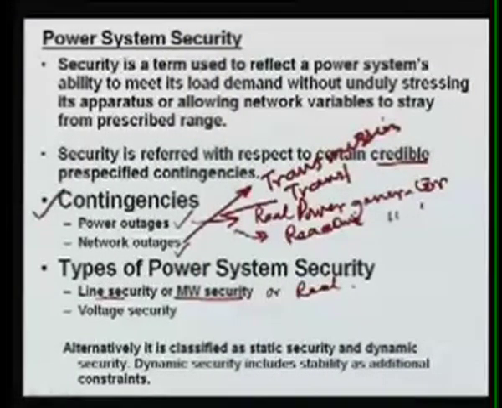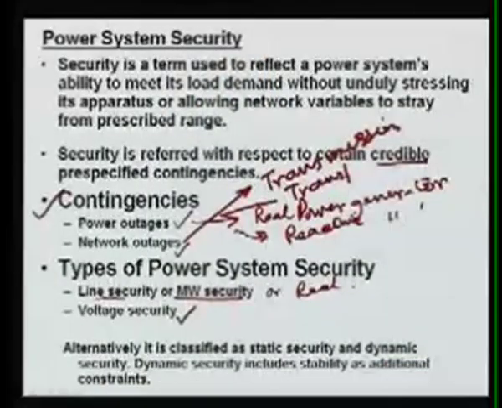If there is some violation in the loading of the transformer or the transmission lines, then it is related to line security. So it is megawatt, meaning real power security related. If we are only talking about the voltage of the power system and monitoring the operating limits of the voltage, then it is called voltage security.